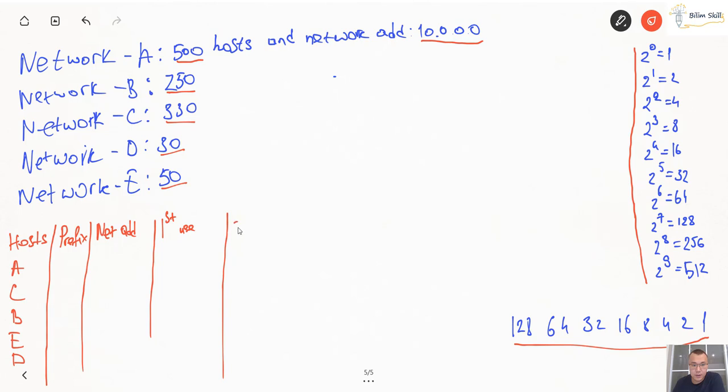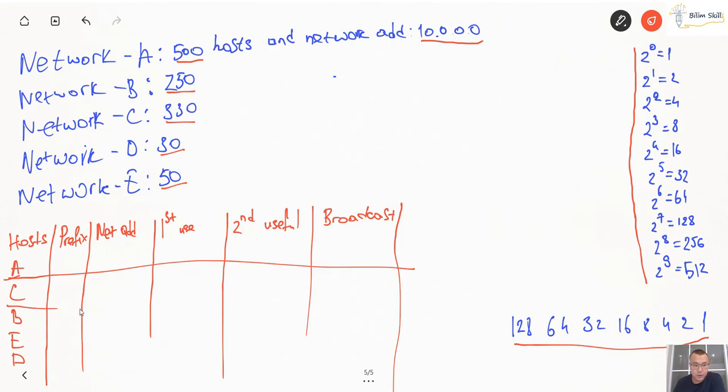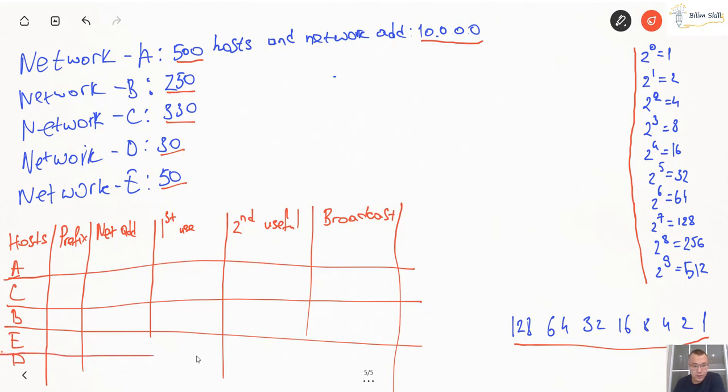After the first it is the second useful address, and the last one is the broadcast address. Okay, so you have to create this kind of table for each network. This kind of table will give you clarity so you don't get confused.